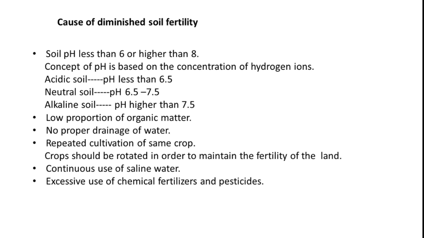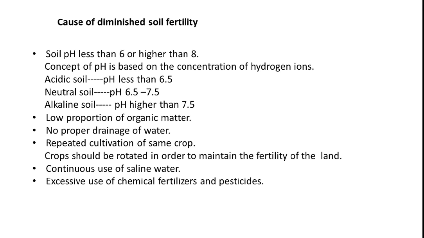Causes of diminished soil fertility. Soil pH less than 6 or higher than 8. The concept of pH is based on the concentration of hydrogen ions. pH, H means the concentration of hydrogen ions. So depending upon the pH, there are three types of soil: acidic soil, neutral soil, and alkaline soil.